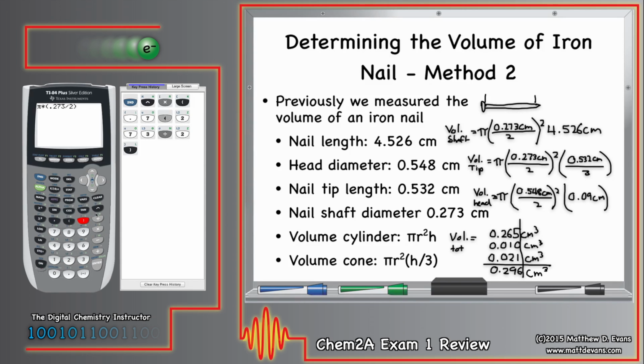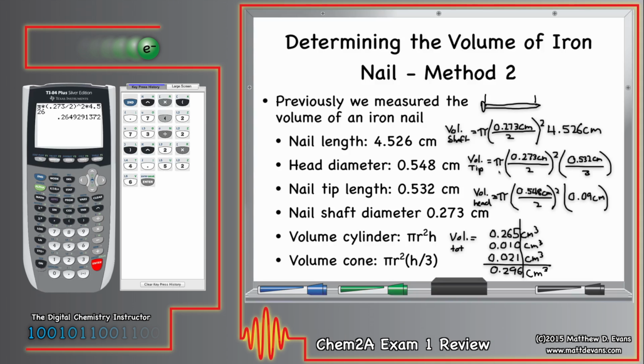The way we do power on the calculator is the caret key, and we need to square this, and then times 4.526 and enter. And of course, that's the 0.265 that we had before. That's this value right here.